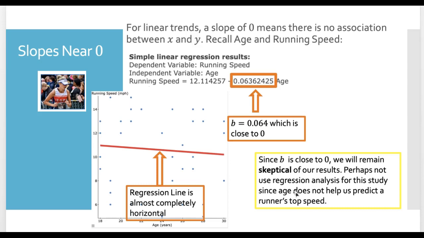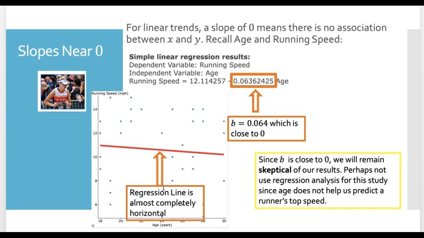For linear trends, a slope of 0 means there is no association between x and y. So let's go back and look at the scatter plot we looked at last time, which was not weight and running speed, but age and running speed, where there was clearly no pattern. We really didn't see any kind of linear association there.